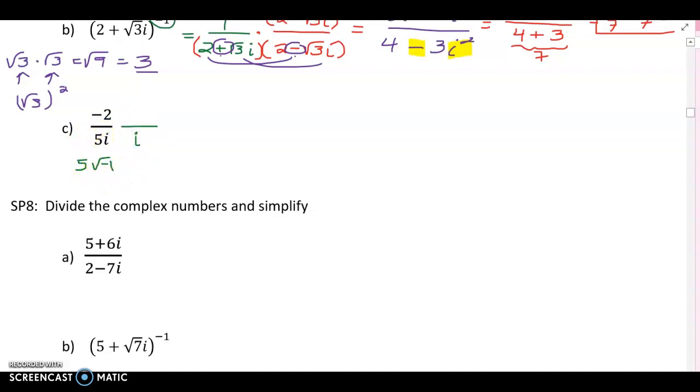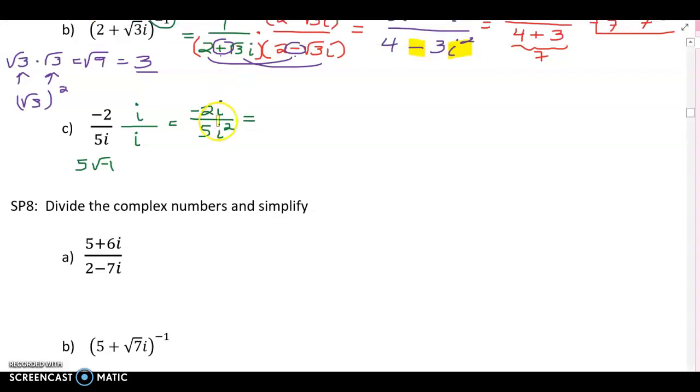So technically, all you have to do is multiply by I, because it's the radical rather that's the problem, not the 5. A 5 can be on the denominator, no big deal. But because it's being multiplied by I, the I is the problem. Okay, stop talking about that. So negative 2I over 5I squared.